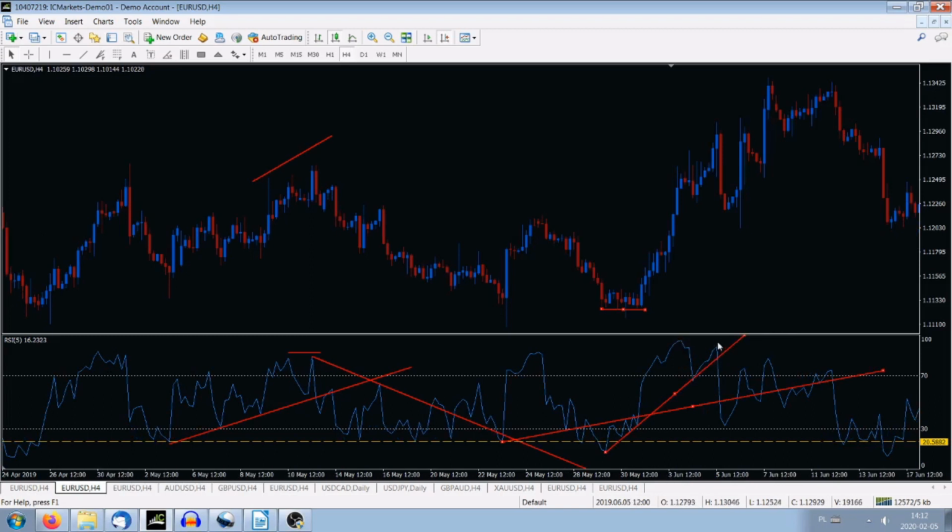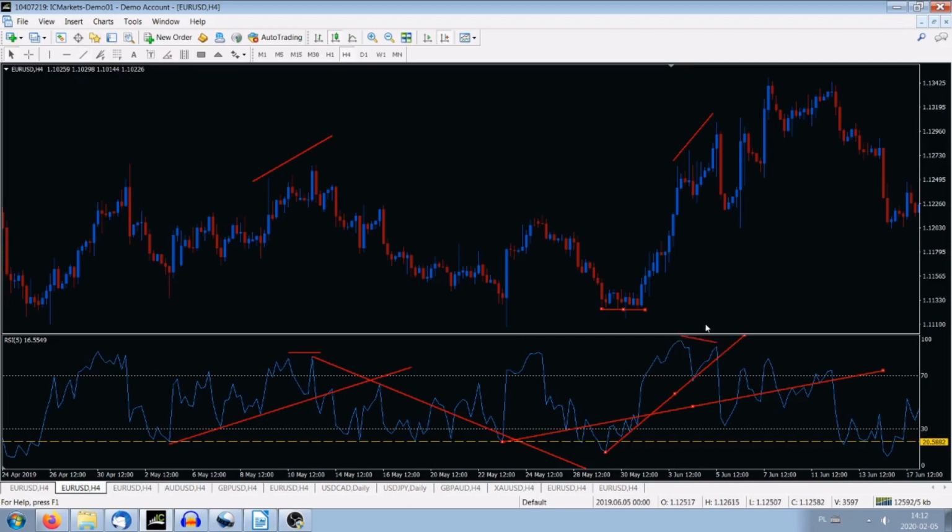Here is another divergence because here the price is still, from here the price is still rising. It's not this one. Let's delete this one. The price is rising and here we've got indicator falling.